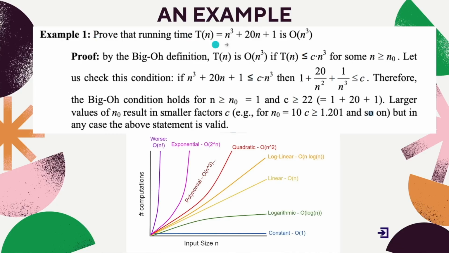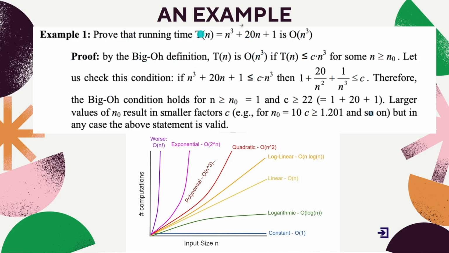So, here we have a problem. We are asked to prove that the running time of an algorithm, T of n equal to n cube plus 20n plus 1, is equivalent to order of n cube. We are asked to prove that the function is order of n cube. So, we are going to prove this with the definition of big O notation which we learned before.